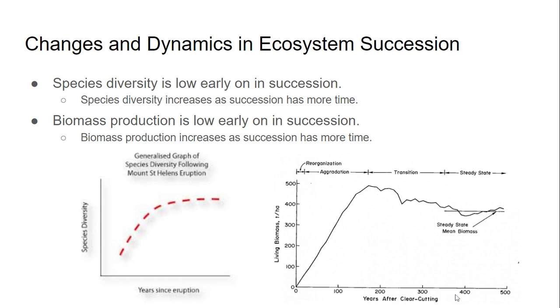But as we go through time, which is this x-axis again, you see that the biomass starts to go up. You're starting with these pioneer species down here. It goes up, and eventually it's just going to reach a pretty even, steady state right here, which means it's not going to increase or decrease a whole lot. But it will start off low and then increase and then be a little bit more stable from there on out.